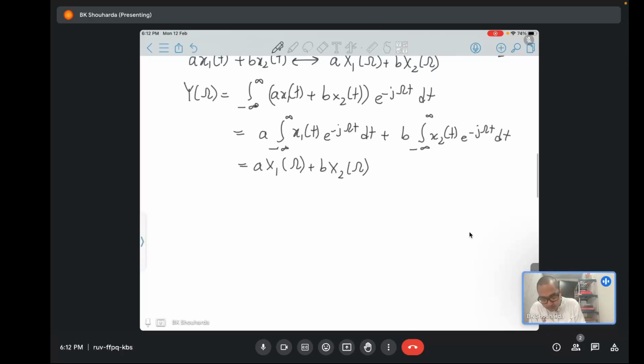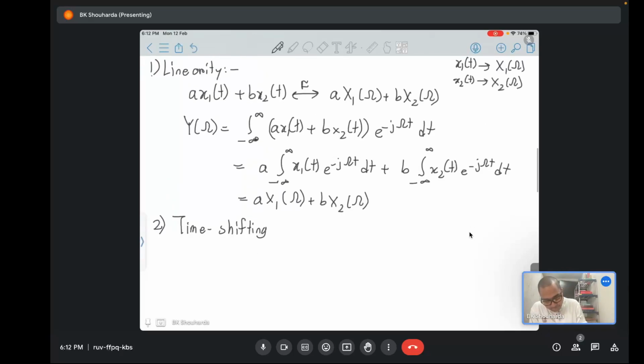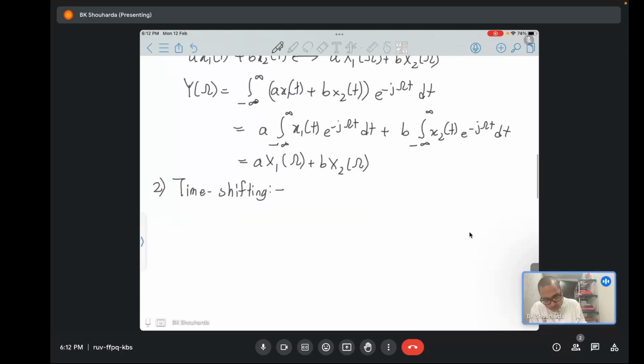Now let's look at another property, that is the time shifting property. If our signal x of t is delayed by t0, then we have its Fourier transform as e to the minus j omega t naught times x of omega. Now let's prove that.